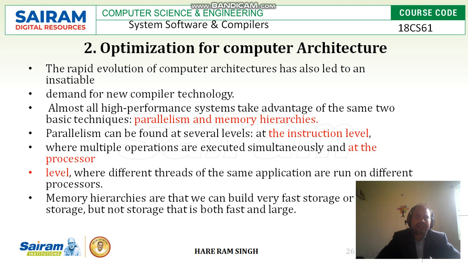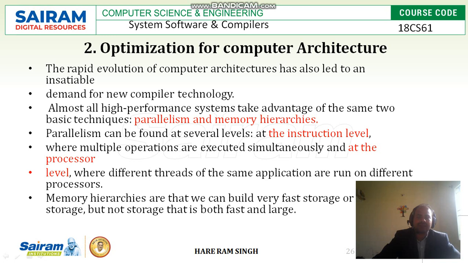So as new computer architecture is designed, new compiler technology is also designed. Almost all high performance systems take advantage of the same two basic techniques: parallelism and memory hierarchy.